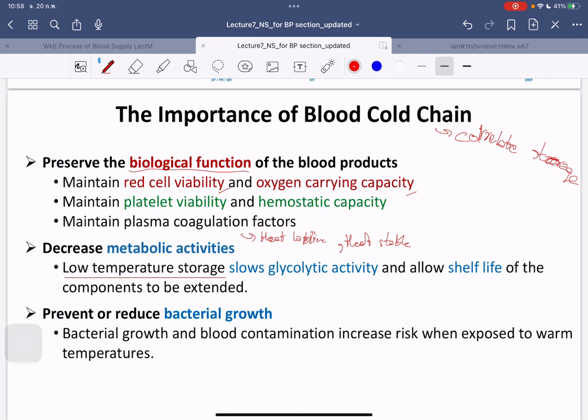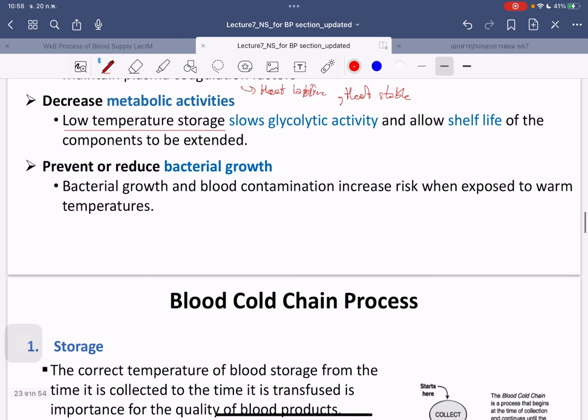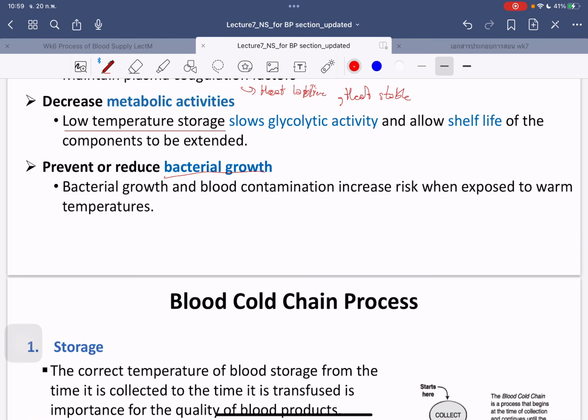And the third one is reduced bacterial growth. For red blood cells, if you store them at 4 degrees Celsius, bacteria will not grow well. But is there growth at 4 degrees Celsius? I say it does not grow well. But if you already have bacteria in your blood, can it grow at 4 degrees Celsius?